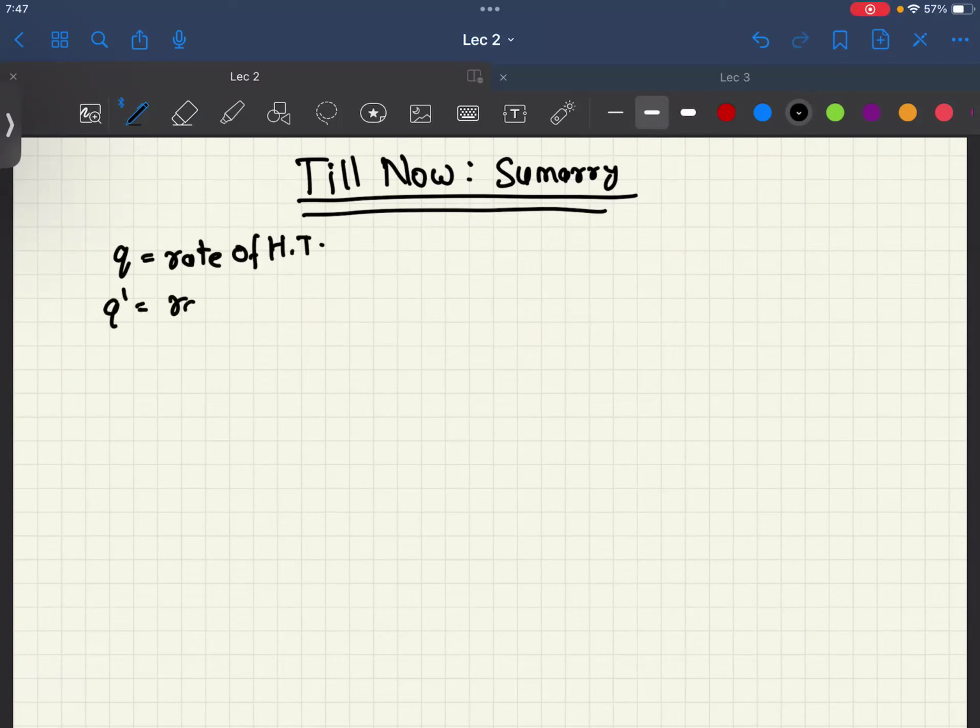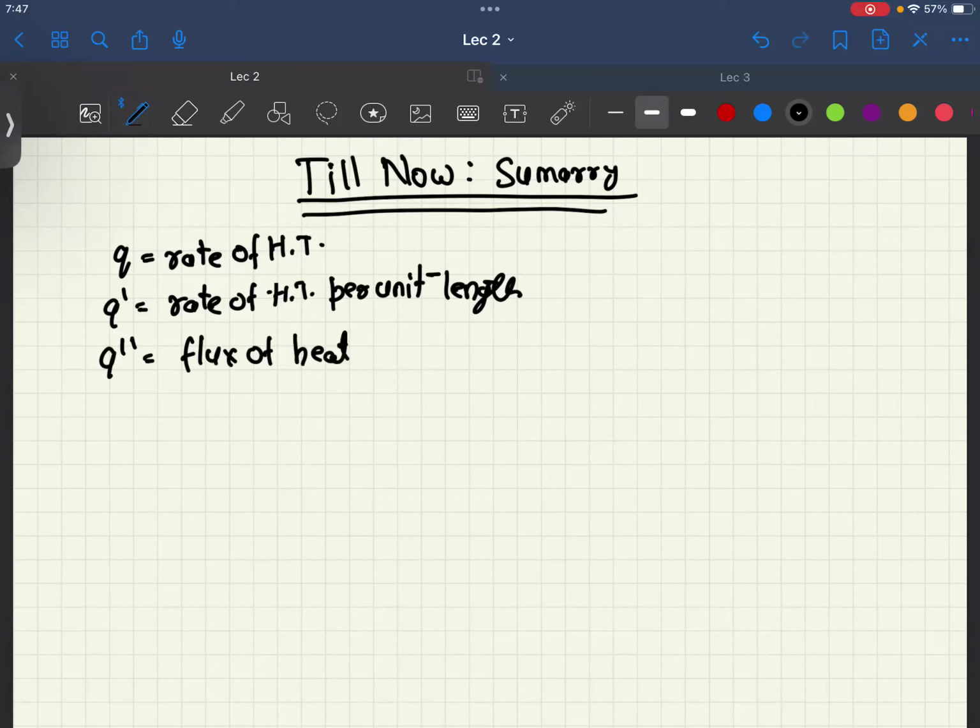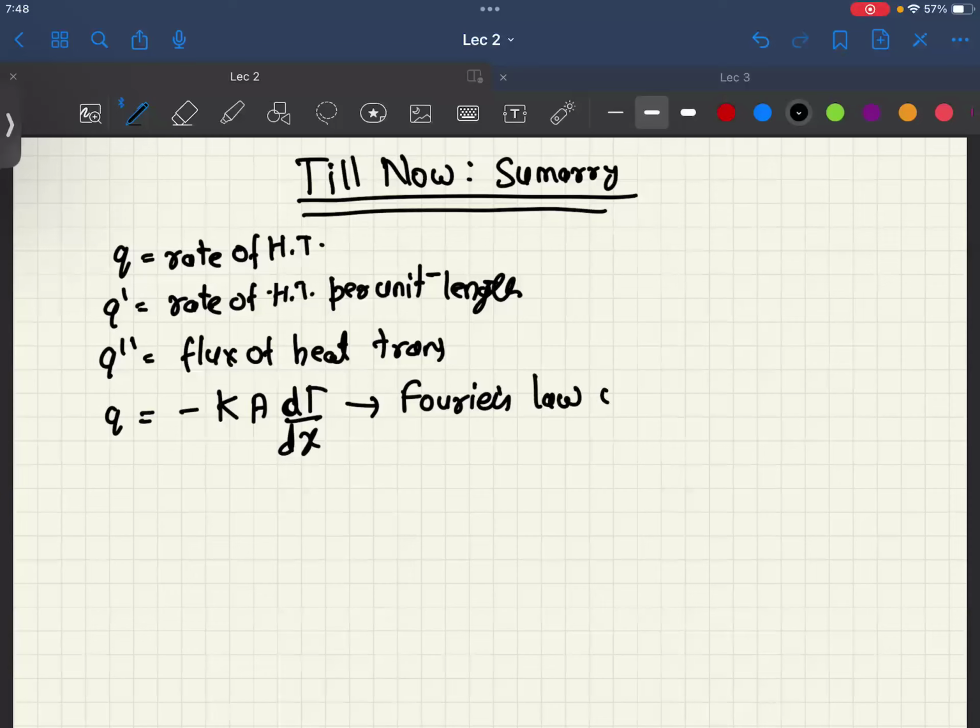This is rate of heat transfer per unit length. This is flux of heat transfer, and they are going to be related as Q is nothing but Q flux multiplied by area, and rate of heat transfer is nothing but minus KA dT by dx. ये है Fourier's law of heat conduction.